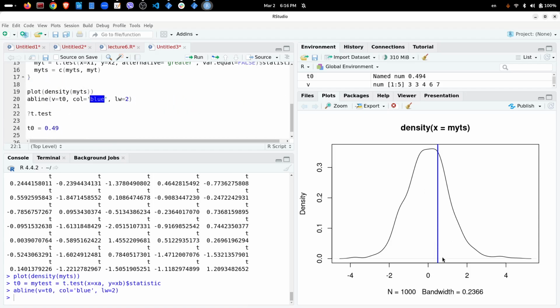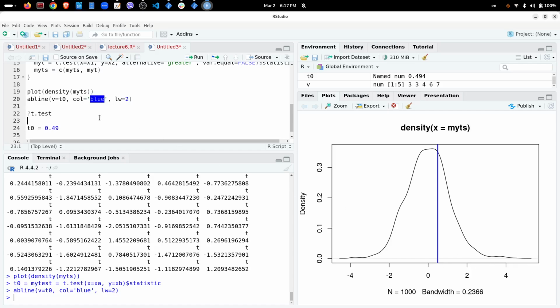So this is my observation, and this area here will approximately be the p-value, because my alternative hypothesis is to observe something greater than my observation.